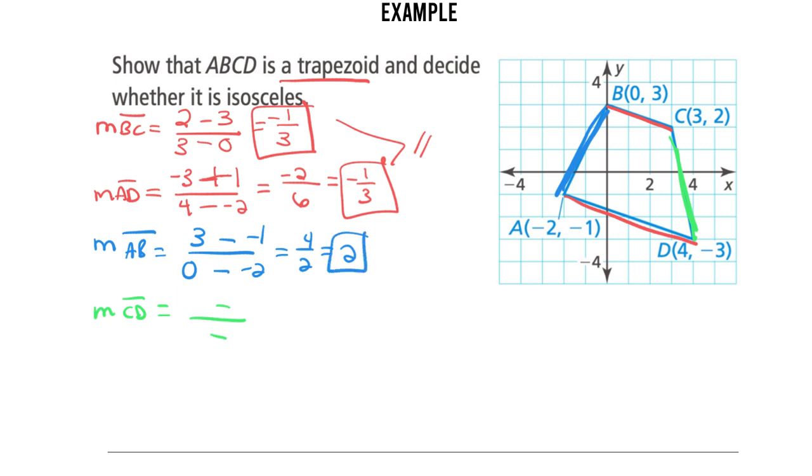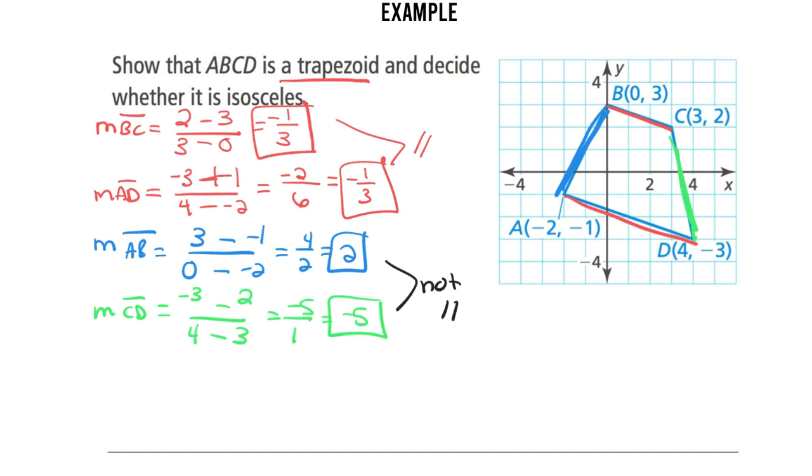And then the slope from C to D, we've got negative 3 minus 2 over 4 minus 3. So that works out to be negative 5 over 1, so negative 5 for that slope. So we've shown that they're not parallel.